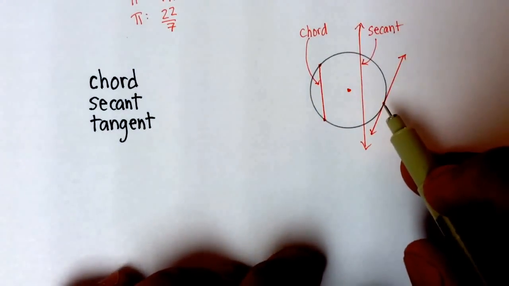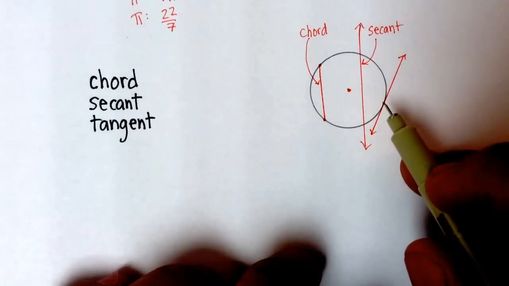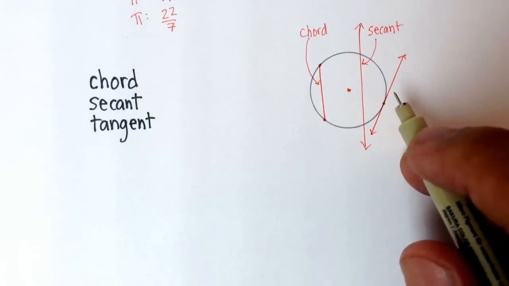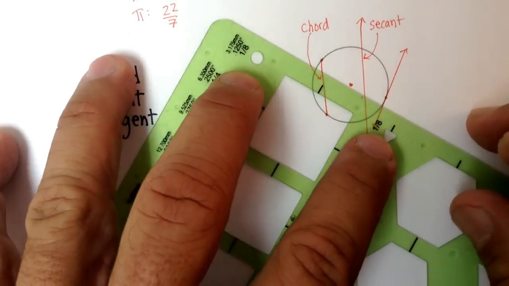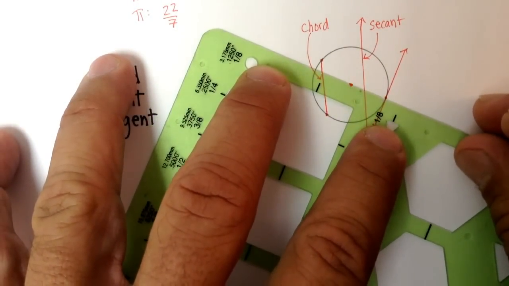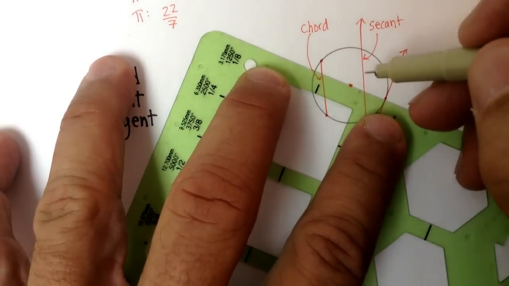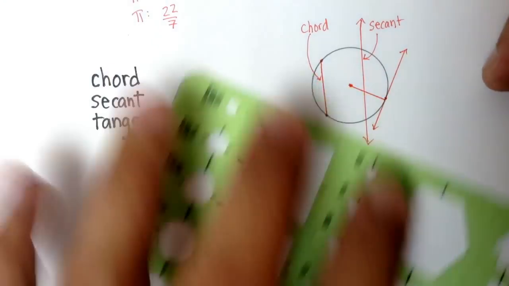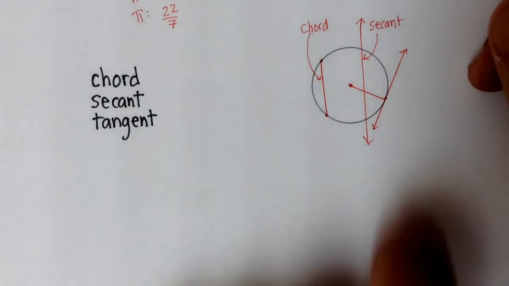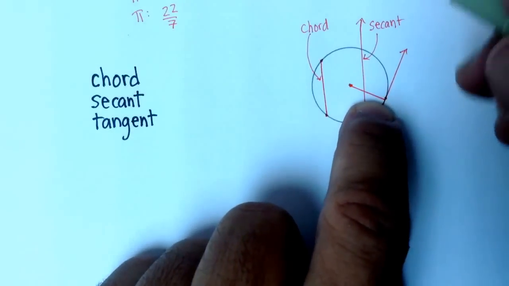And one of the really interesting characteristics of a tangent is that it always forms a perpendicular, or a 90-degree, angle with the radius at that point. So that was the radius at that particular point where it touches.